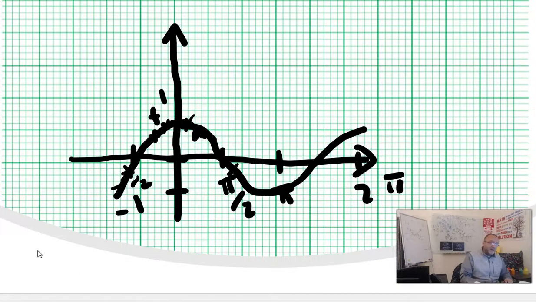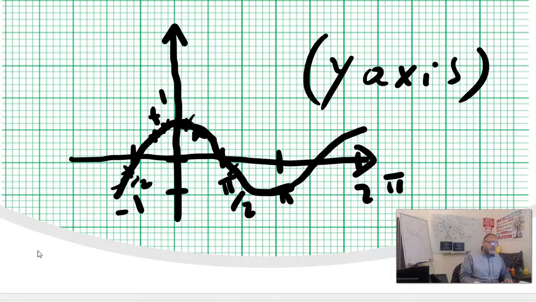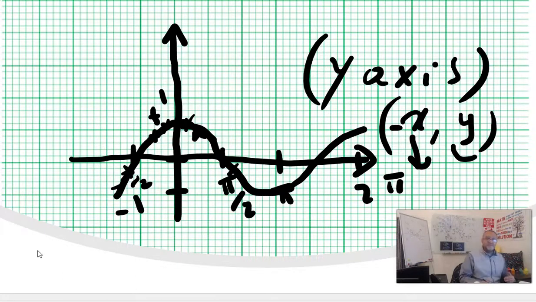So the cosine is basically an even function that is symmetric about the y-axis. Okay? That means if you have an x and a y, you spit back a minus x, but the same y. So pi over 2 goes to minus pi over 2. The x changes to minus x, however the y stays the same.